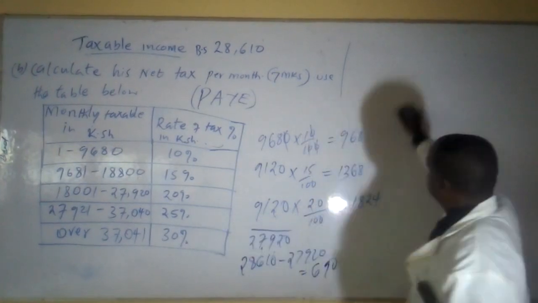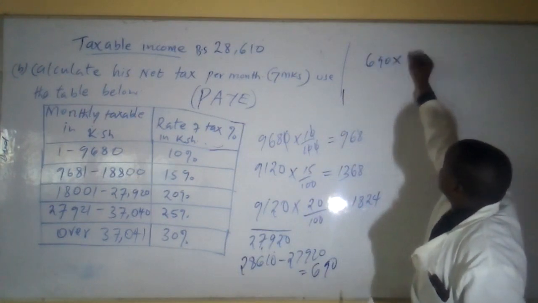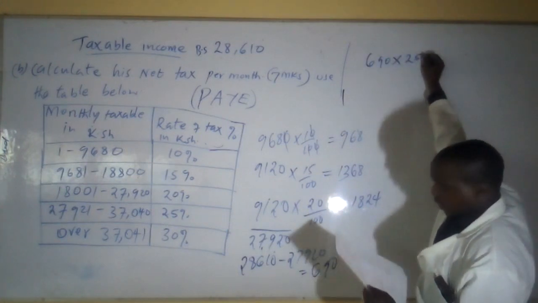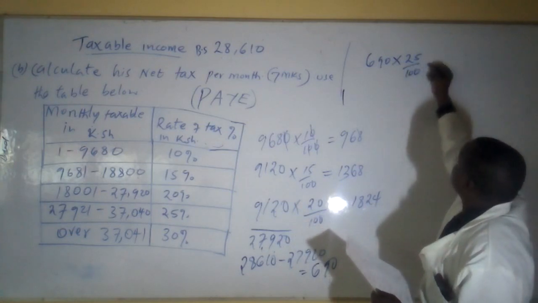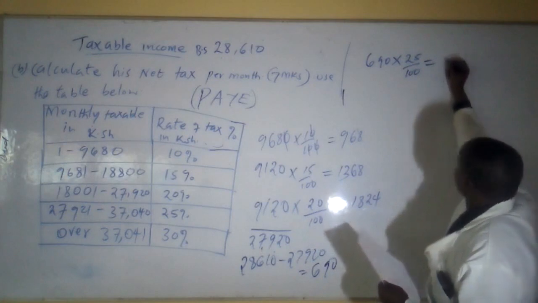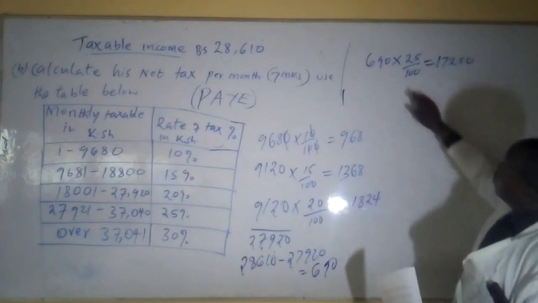So we say 690 times 25 divided by 100. This one will give us 172.50 cents. So we have finished.